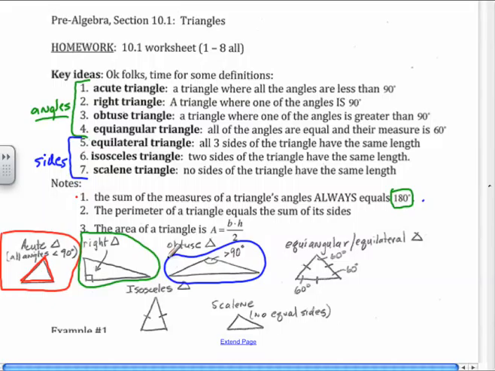All right. Now, the last one here, it's really two of them. There's an equiangular, and then there's equilateral. Equiangular means that all three of the angles are exactly the same, Ruben. They're all 60 degrees. Now think about this, Ruben.